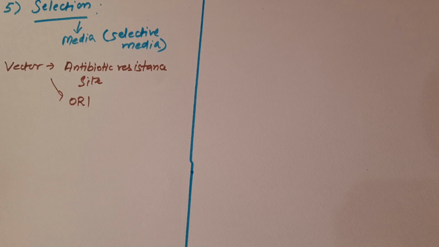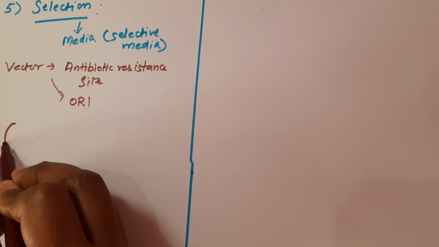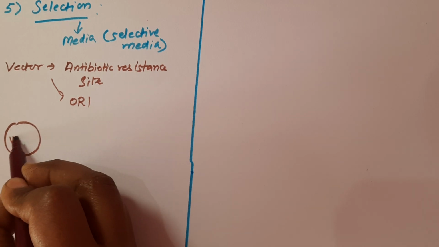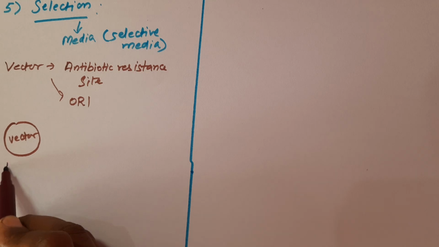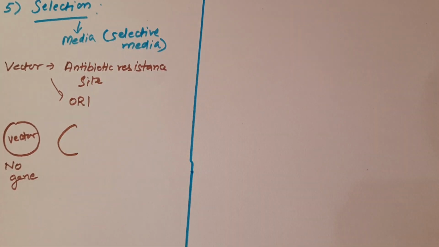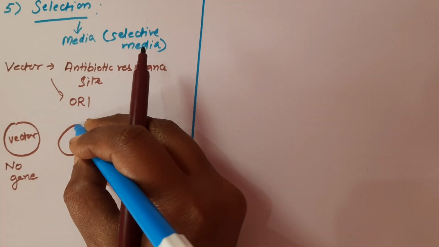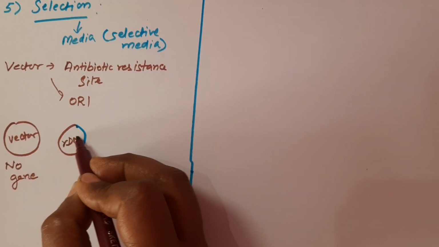Okay. So suppose this is a vector. Now this vector has no gene. This is our vector, and the blue one I will join. So this is our recombinant DNA.